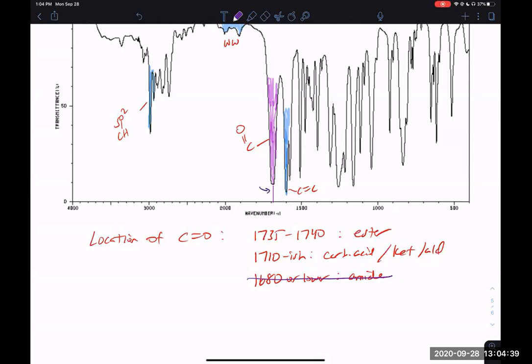It looks to me like it's a little lower, like maybe 1690. Okay, definitely not 1735 to 1740. It is too low for the ester.